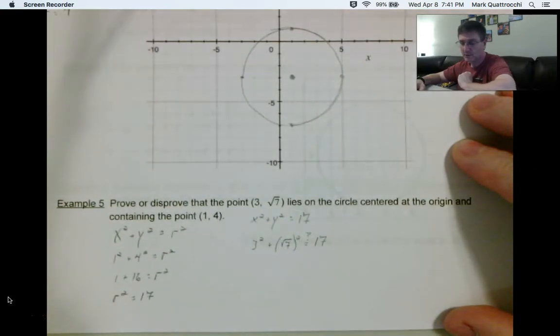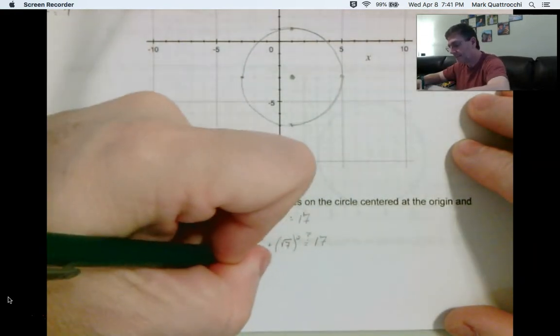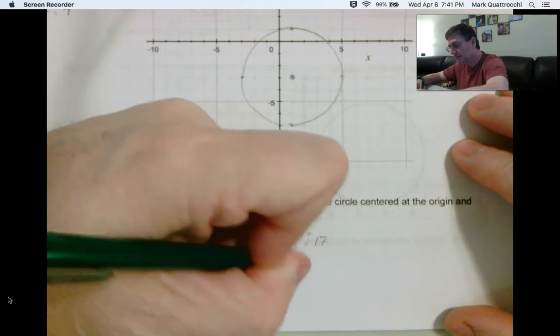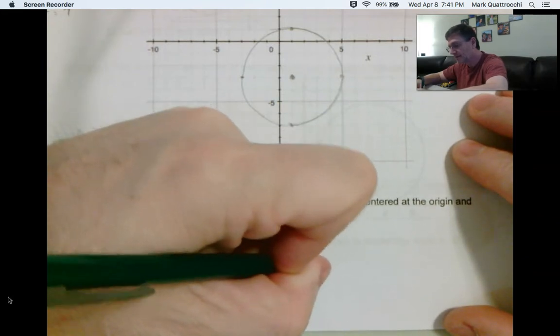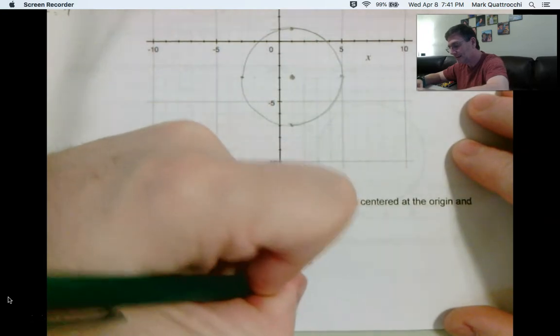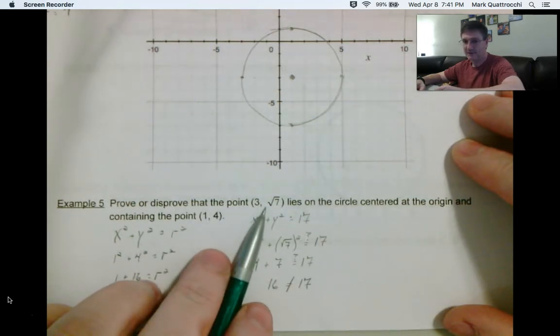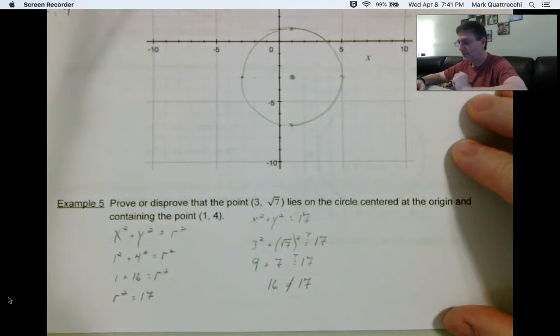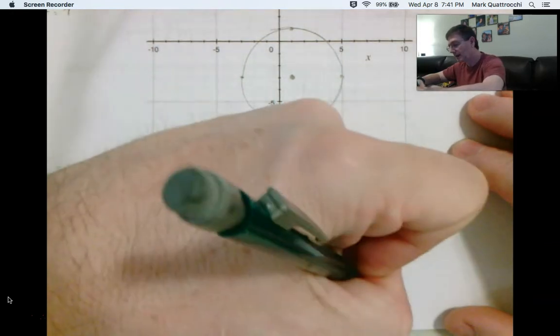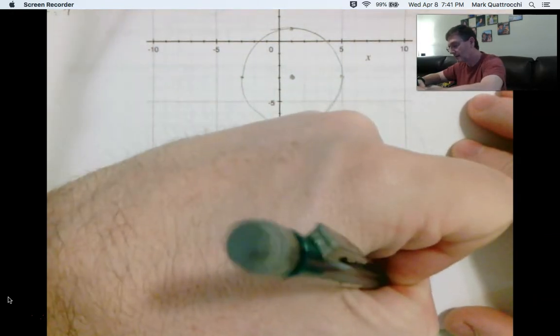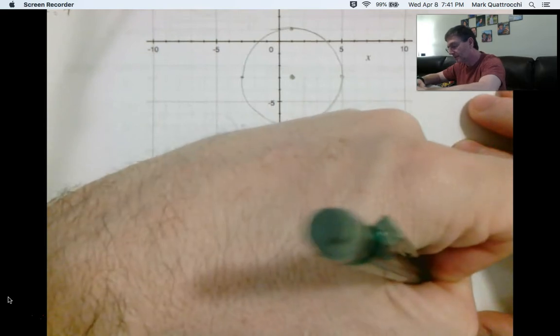I want to know, does it actually equal? 9 plus 7 equals, question mark, 17. 16 does not equal 17. Okay, and we can actually tell one more thing. Because 16 is smaller than 17, we can tell that this point is inside of the circle, not outside of the circle. But we just wanted to know, does it lie on the circle? And the answer is no, not on the circle.